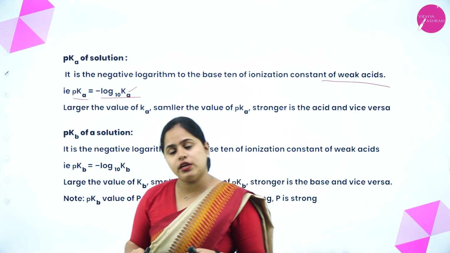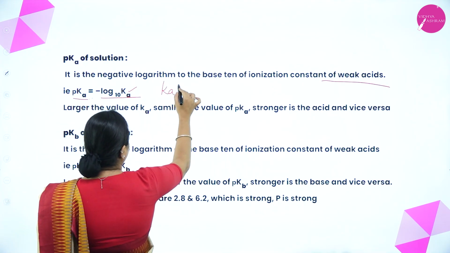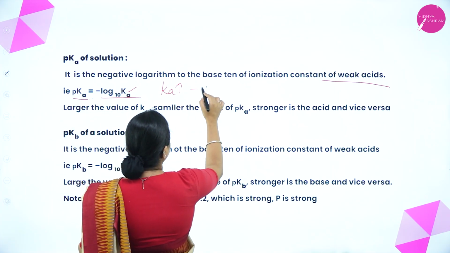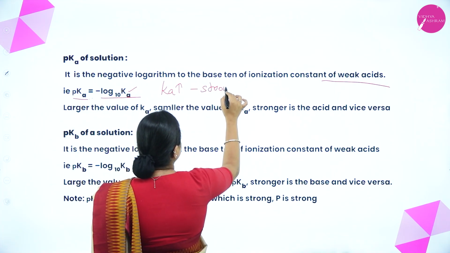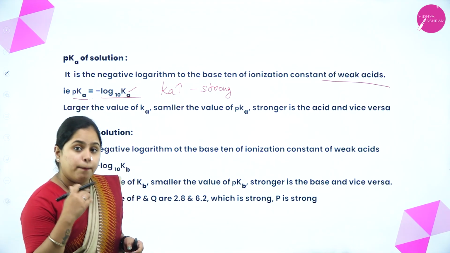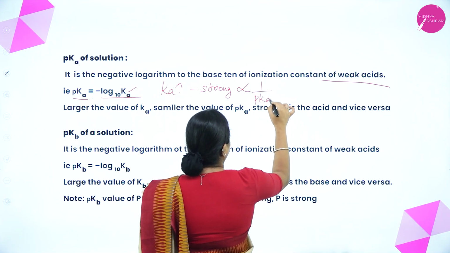So what is the important thing you have to remember? We have already studied that when the Ka value is more, we can say that the acid is strong, or that the strength of the acid is more, but it is inversely proportional to the value of pKa.